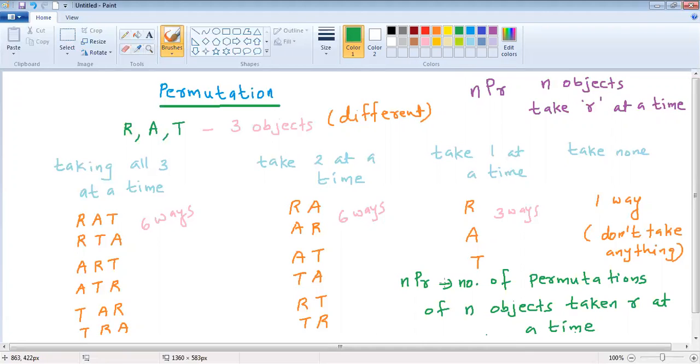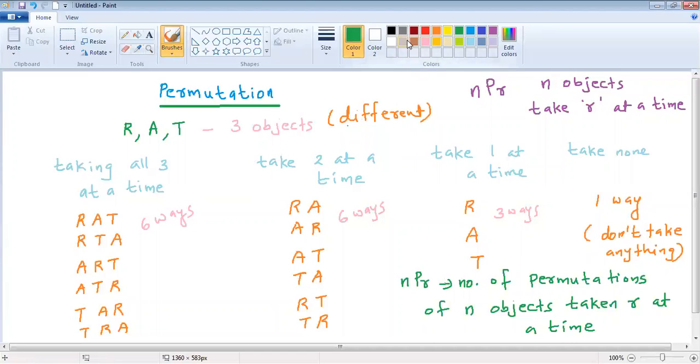So nPr, the meaning of that statement is number of permutations, means how many arrangements of n objects taken r at a time. You have n objects and you are taking r objects at a time, so the number of permutations or number of arrangements is nPr.